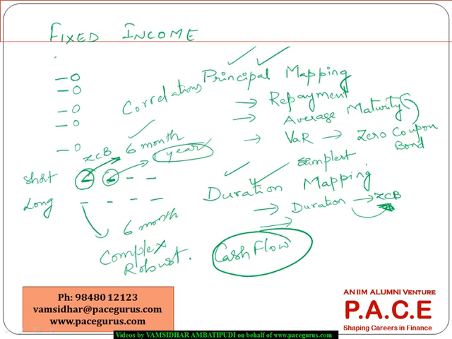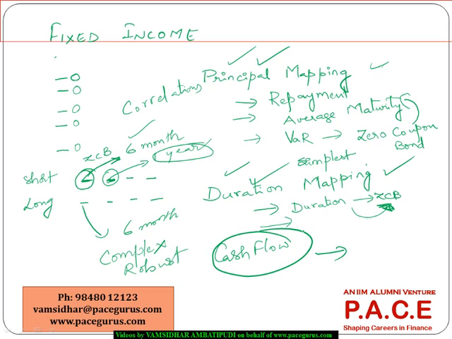Probably the cash flow based mapping has much more complexity compared to the principal mapping or a duration based mapping. And even from a precision dimension, this is more precise compared to here. There may be a lot of errors cropping up in these two. And typically the cash flow based one is slightly more robust, as we said.